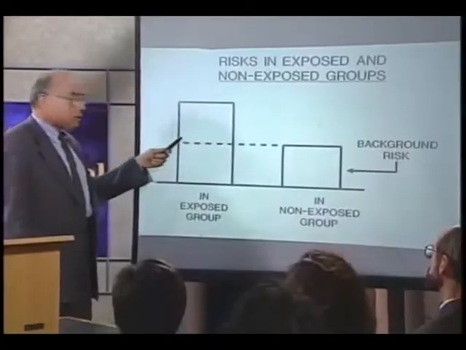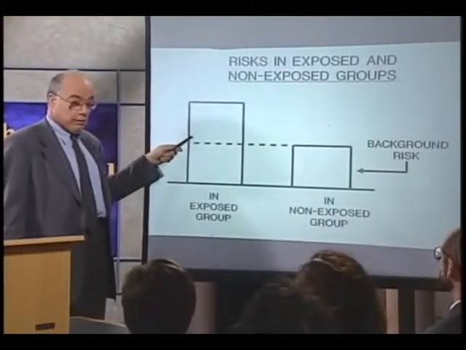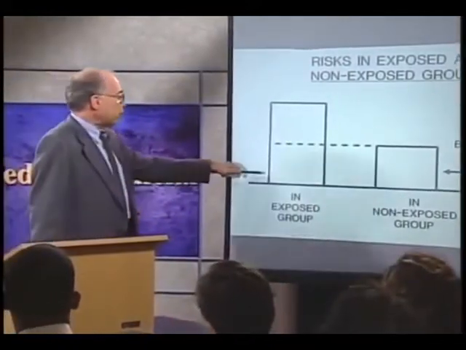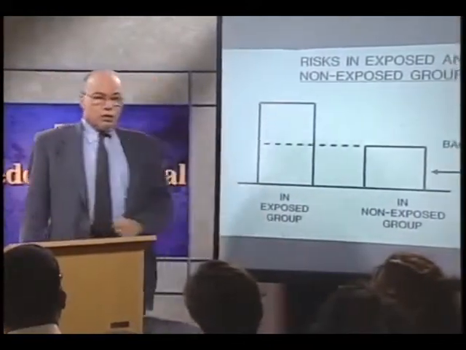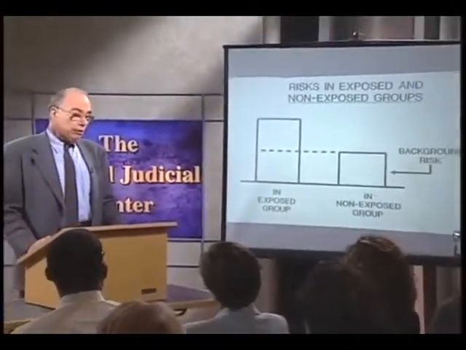And this background risk is a risk that even the exposed people share because they're members of society and members of the community. If we want to ask the question, in the exposed group, how much of their risk can we attribute to the fact that they were exposed?